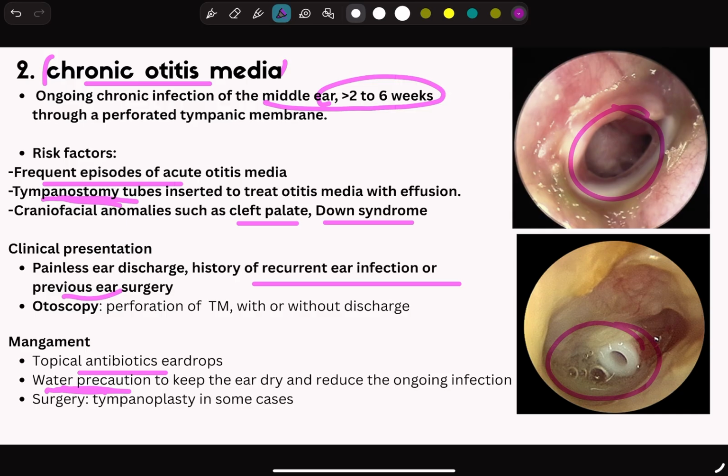So we tell the patients to put cotton with Vaseline while they're taking a shower. That would help to reduce the infection that's going on. If this doesn't help, they might need a surgery like tympanoplasty, in which we put a graft to close off the hole in the ear.